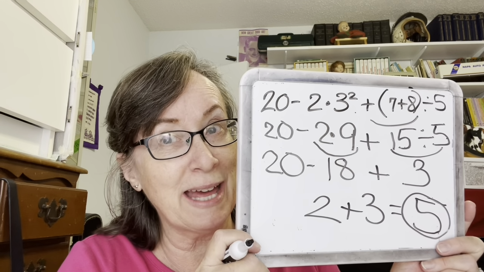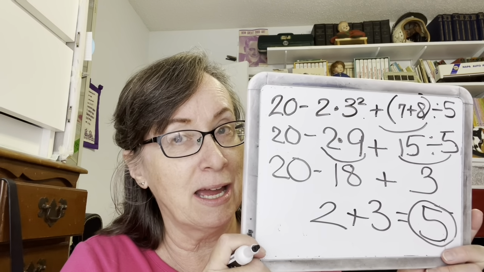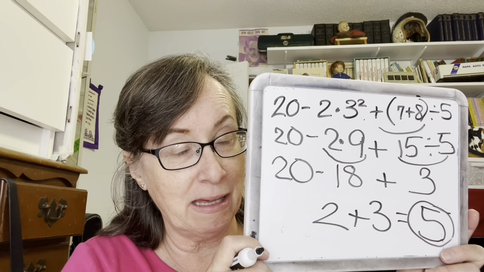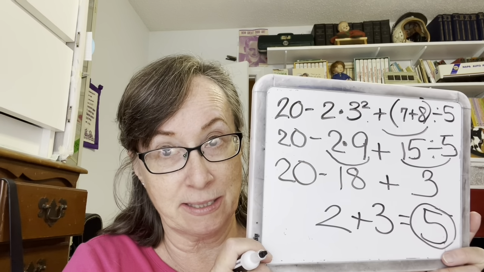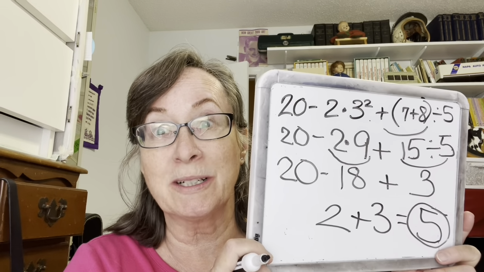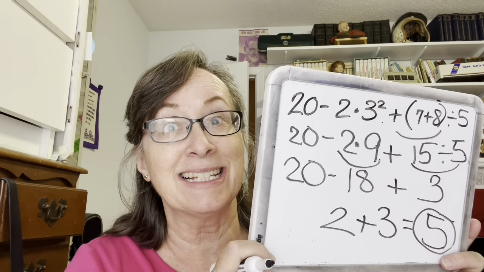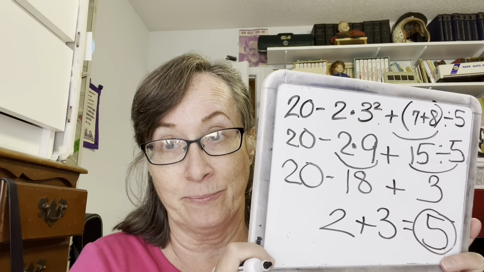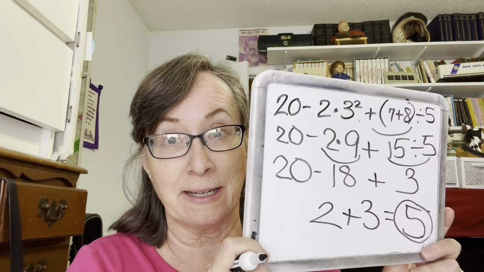If you do that some other way, not using the PEMDAS, which is called order of operations, you will get a different answer, and it is the wrong answer. There's only one correct answer, and that is 5.